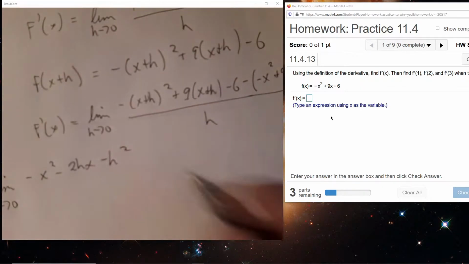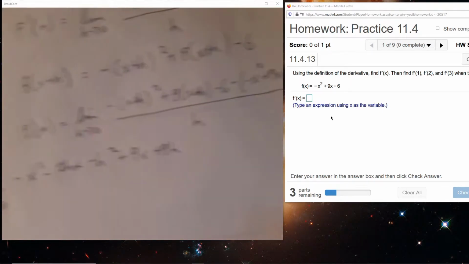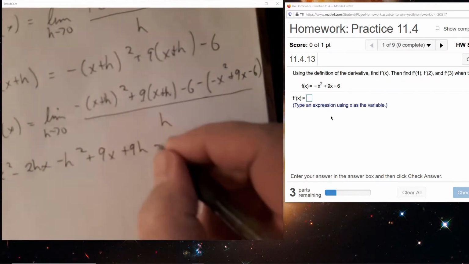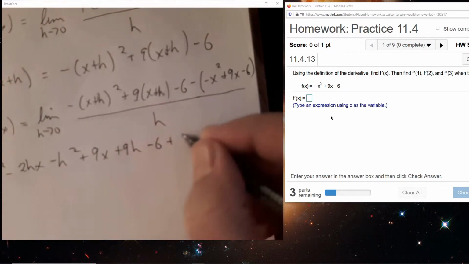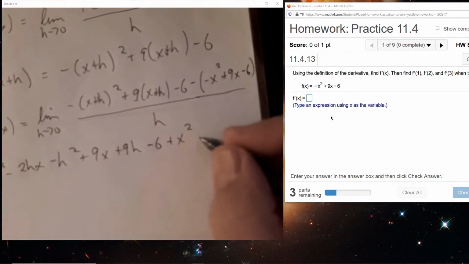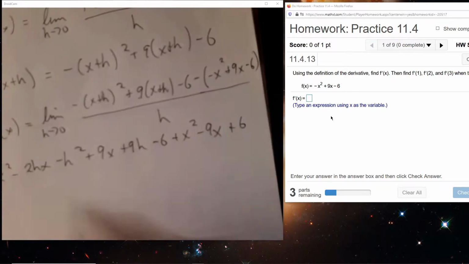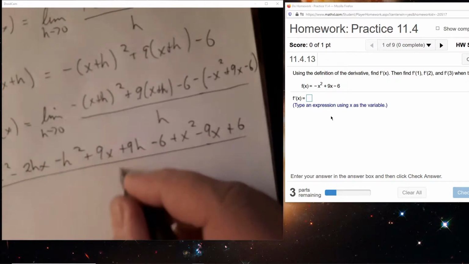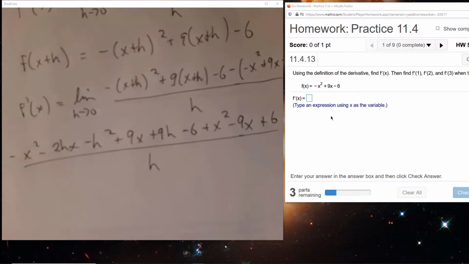Distributing the next part. And then distributing the minus sign into the parentheses there. And so there is everything distributed out. And so now we'll gather like terms.